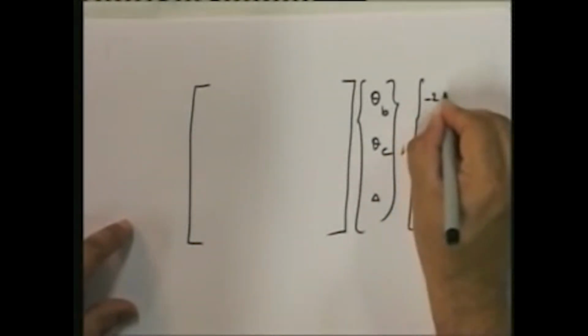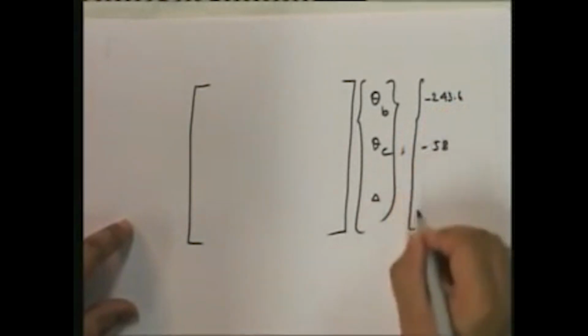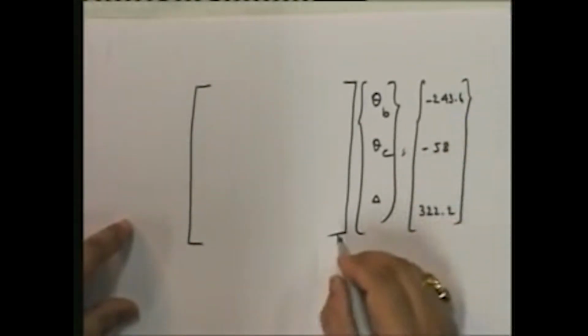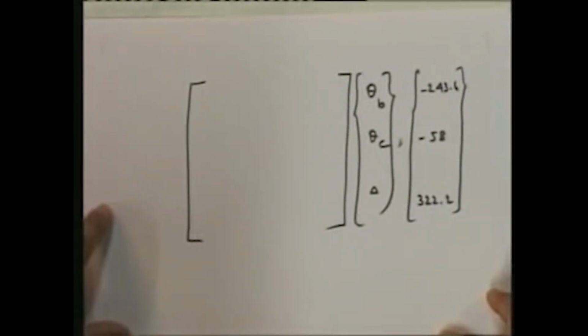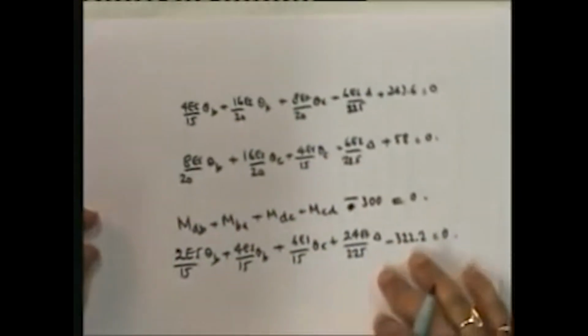It's going to be minus 243.6, minus 58, plus 322.2. And in here you will have all the expressions.